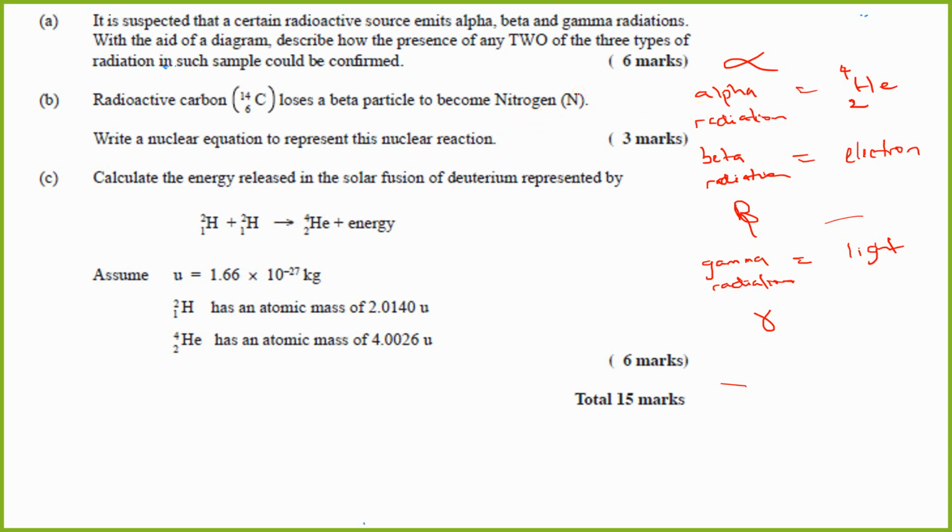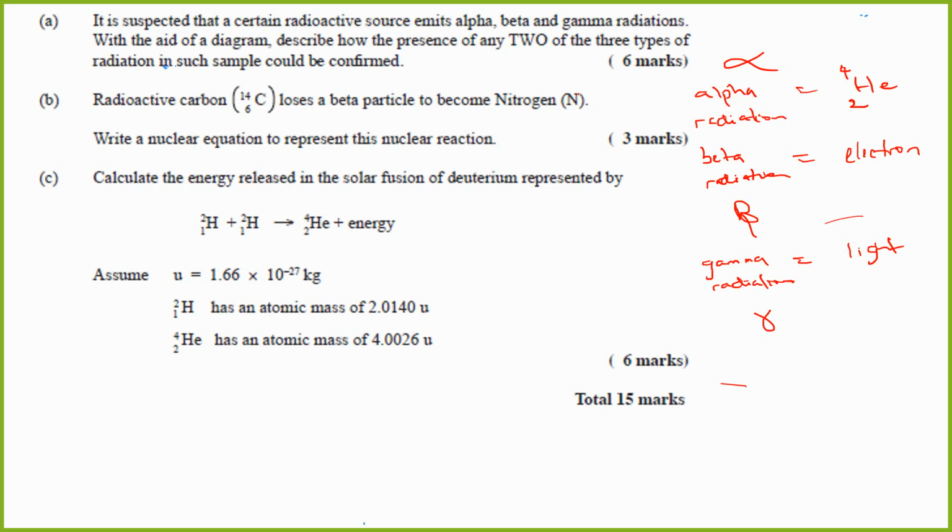So yeah, in the process of radioactive decay, you can give off all of these substances: alpha radiation, beta radiation, and gamma radiation. As we said, gamma radiation is simply put light. Now the question is: it is suspected that a certain radioactive source emits alpha, beta, and gamma radiation.